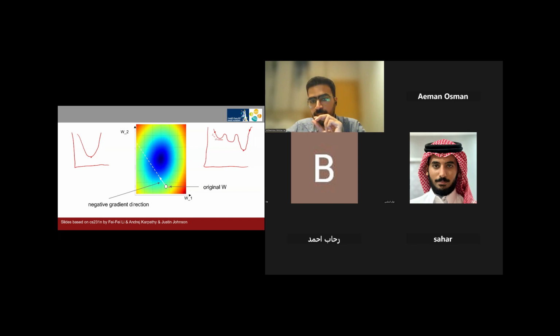For example, we initialize them around a mean of 0, and I think the standard deviation is usually 0.1 or 0.3. I'm not sure about that, but we usually initialize them in a particular range.